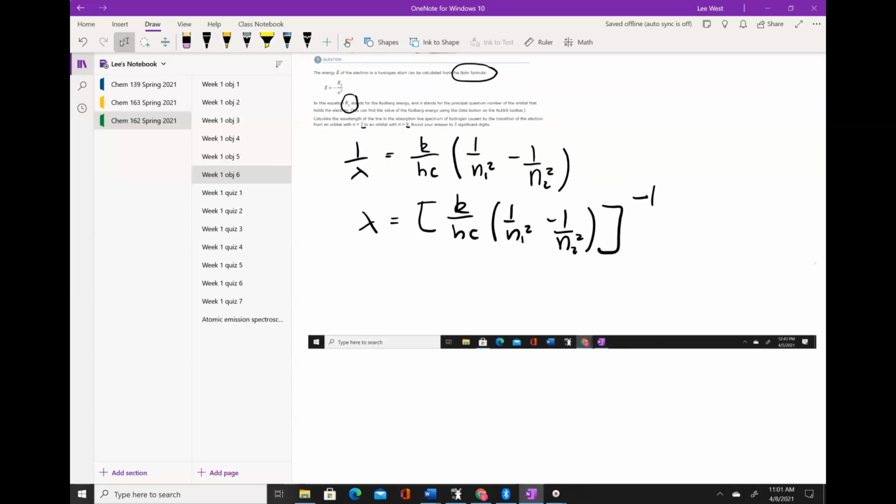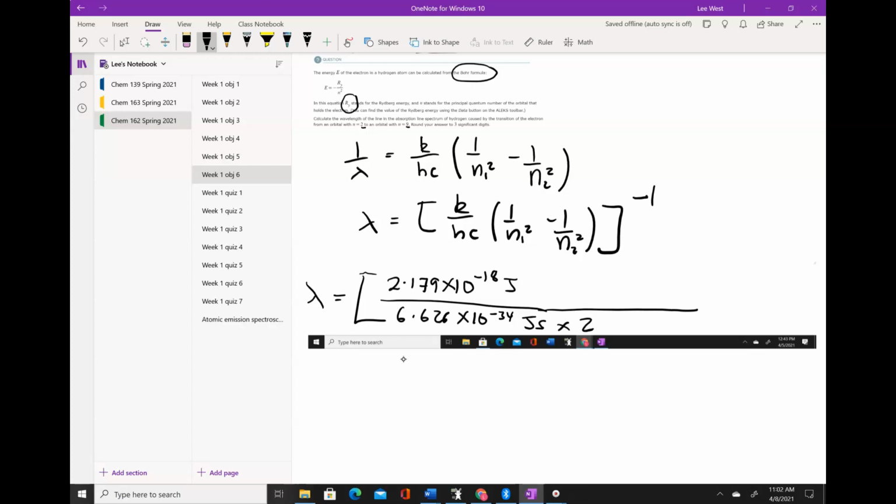So let's see what we got here. The wavelength will be equal to K, which was 2.179 by 10 to the minus 18 joules, divided by Planck's constant, times the speed of light.